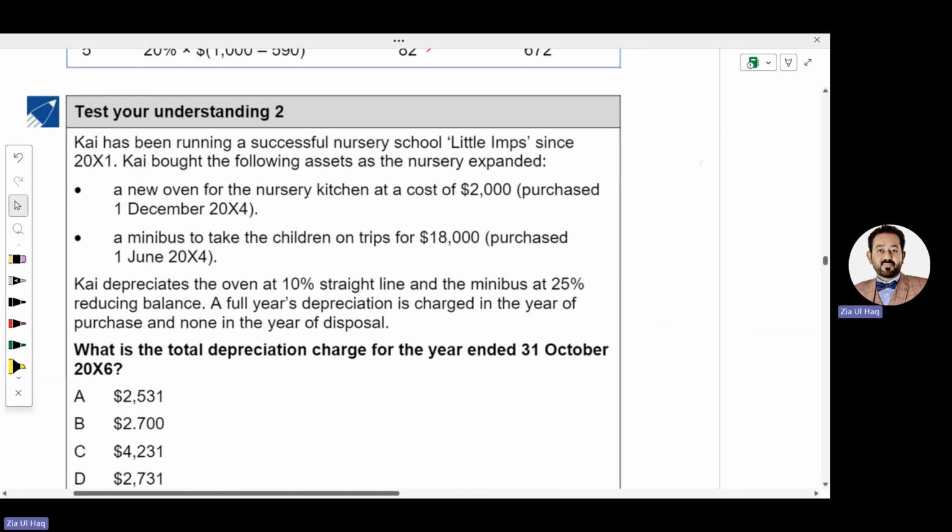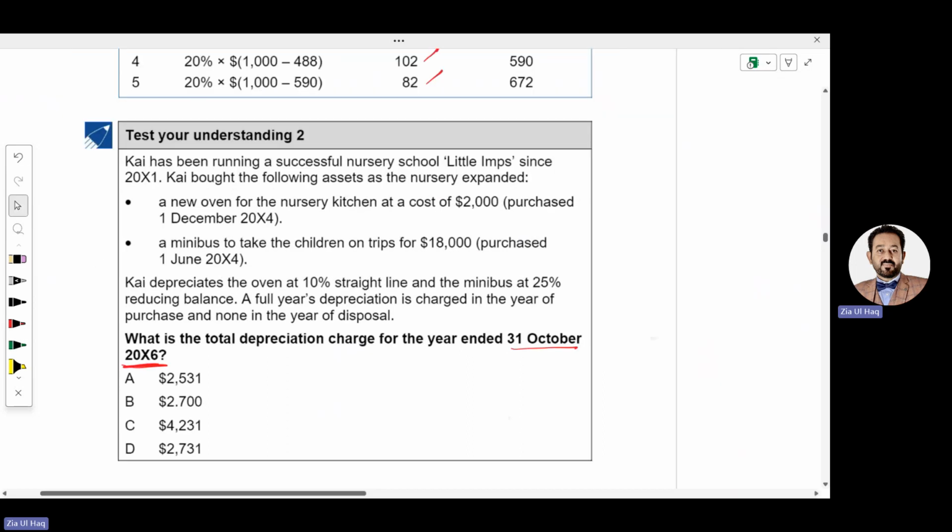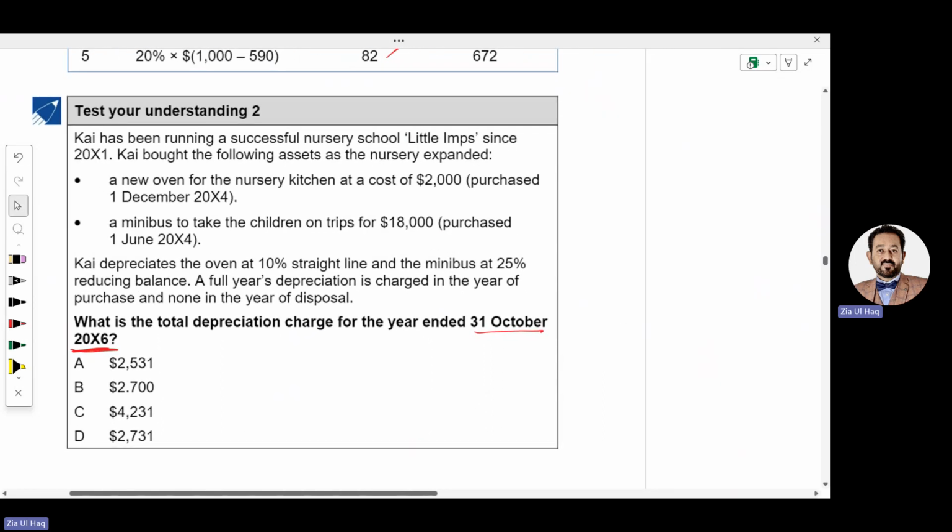Test your understanding 2. What is the total depreciation charge for the year ended 31st October 20x6? You need to calculate depreciation for the 20x6 year. Kai has been running a successful nursery school, Little Lamps, since 20x1.